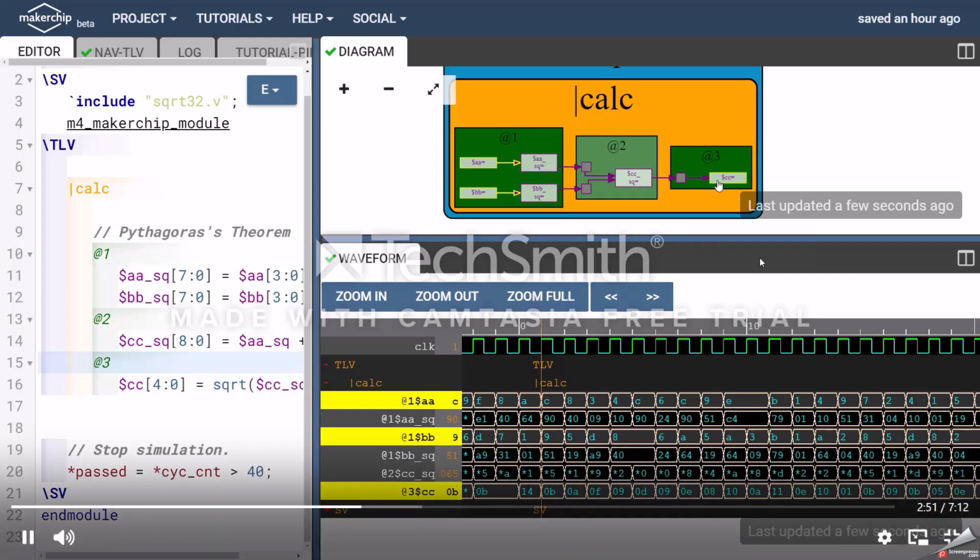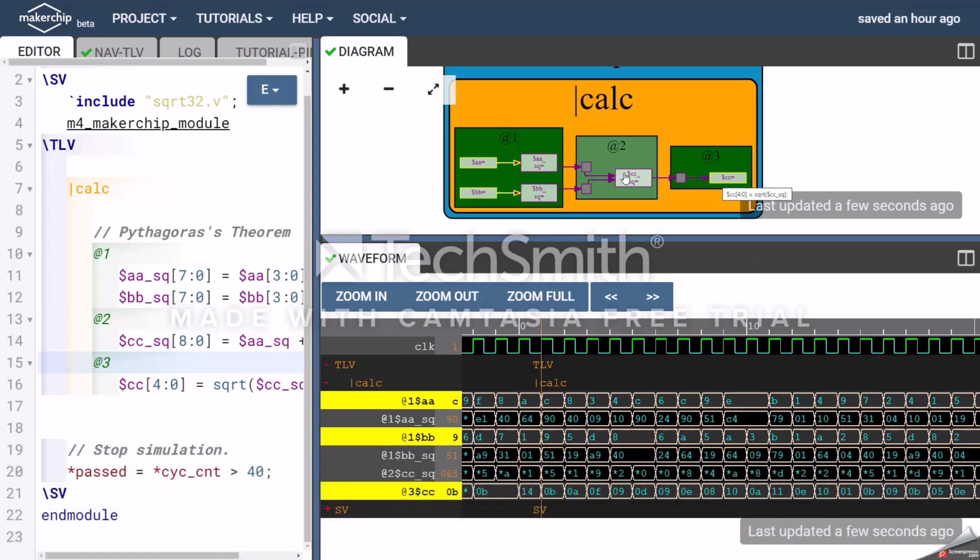Now the C value is 2 stages later in the pipeline. You can see here in the waveform that the A signals are tagged with an @1 because they're generated in stage 1 of the pipeline, and C is tagged with an @3 to let us know it's in stage 3 of the pipeline.